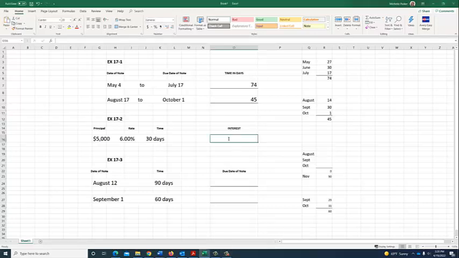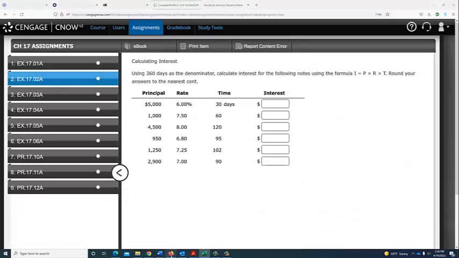We'll enter 5,000 times 6% times 30 divided by 360. And that's going to give us interest of $25. Okay, I think we don't really need to go over any more of those. I think you guys can calculate interest pretty easily.